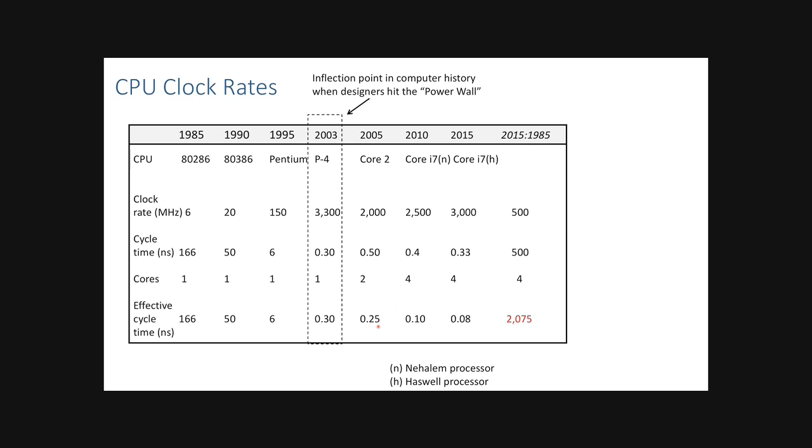And that's the part that has ramifications for you now, because we really have to take advantage of these multiple cores and this effective cycle time by knowing how to program our computers to take advantage of that. And so what you see interestingly here is how this effective time is going down.